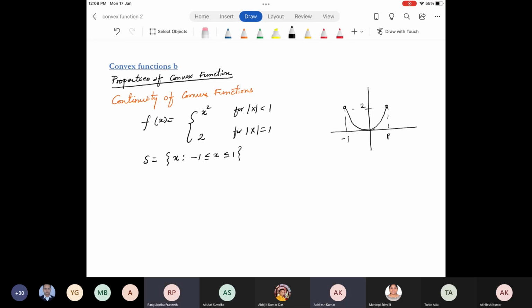So this property comes in handy. Convex and concave functions are continuous on the interior of their domain.